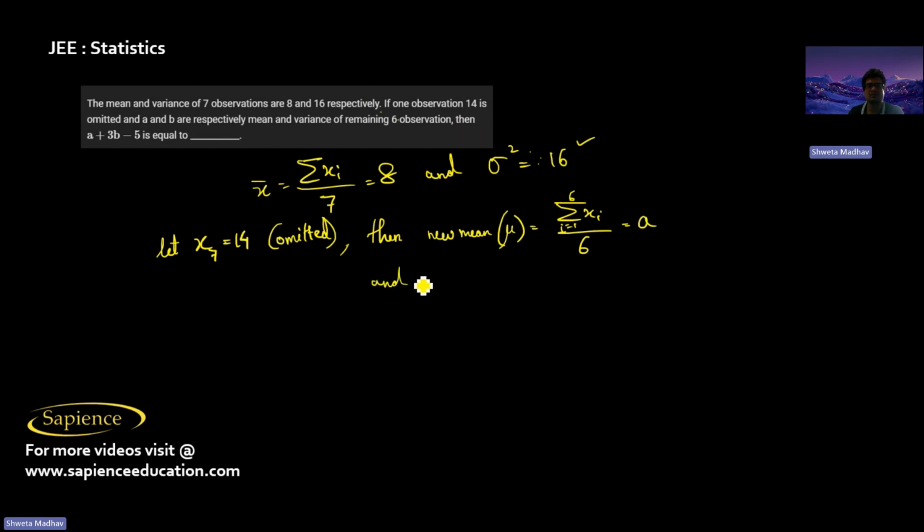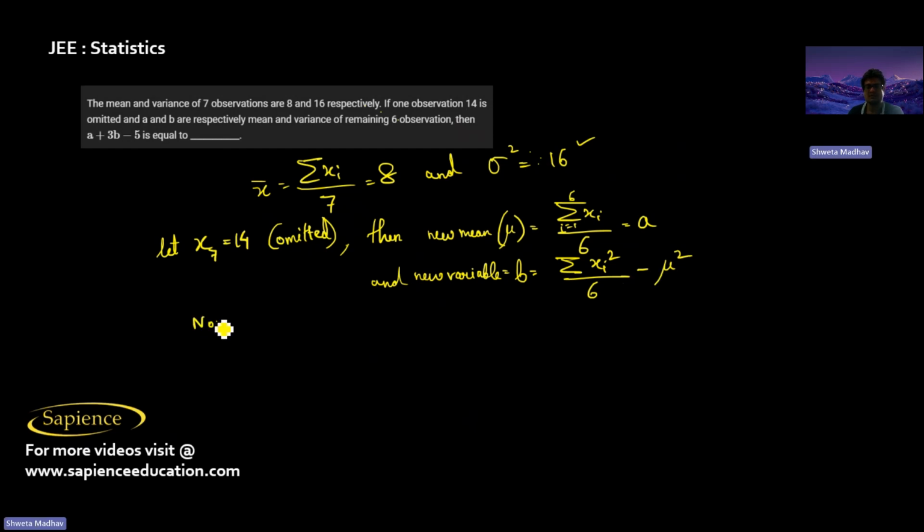And the new variance is B, it is told. The new variance, which is B, will be equal to summation xi square by 6 minus the new mean square.